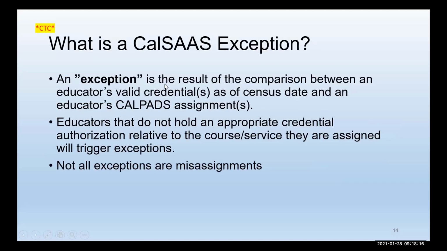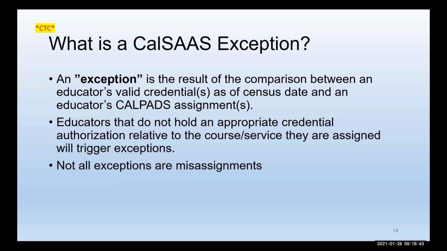So first of all, let's define the word exception because it will be used a lot during this presentation. An exception is the result of the comparison between the educator's valid documents held on census date and the educator's assignments reported in CalPADS. So educators that did not hold an appropriate authorization for the assignment reported produce an exception in CalSAAS.